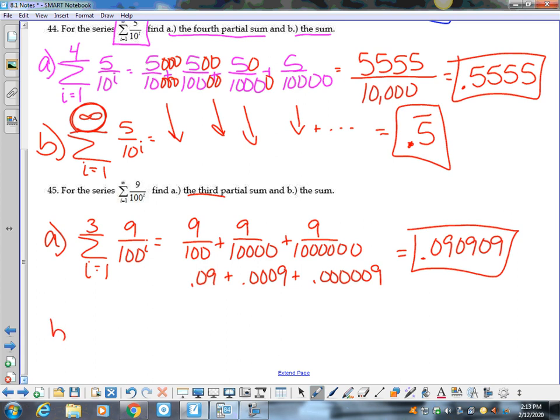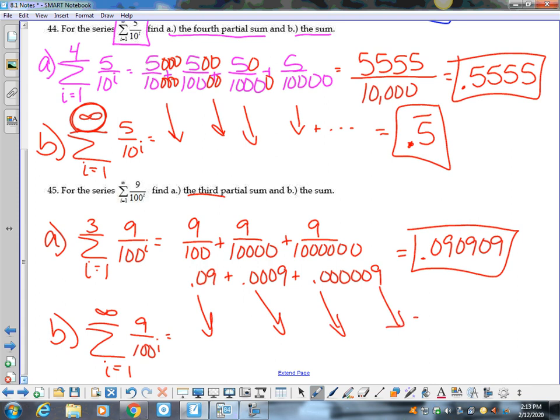So then the infinite sum is just going to be more and more and more of these, which means the pattern is just going to continue forever. So 0.09 repeating.